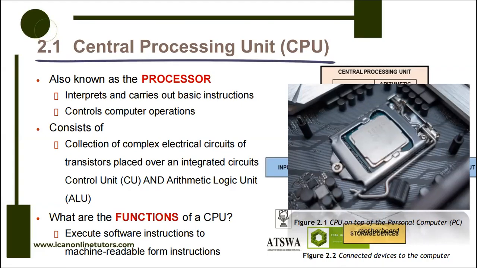It's like the brain of our computer, just like the human brain that is responsible for processing all human activities.